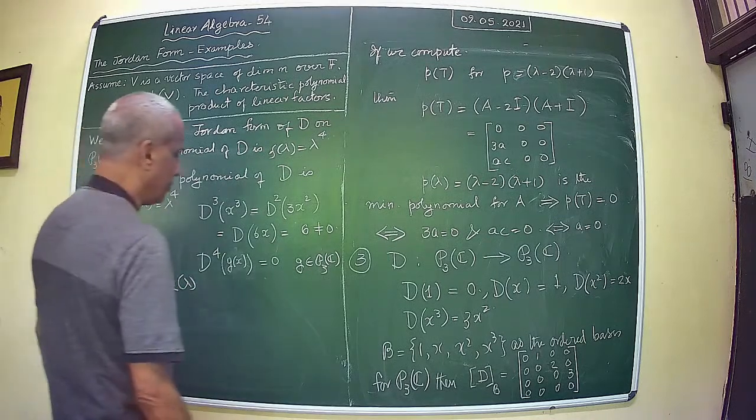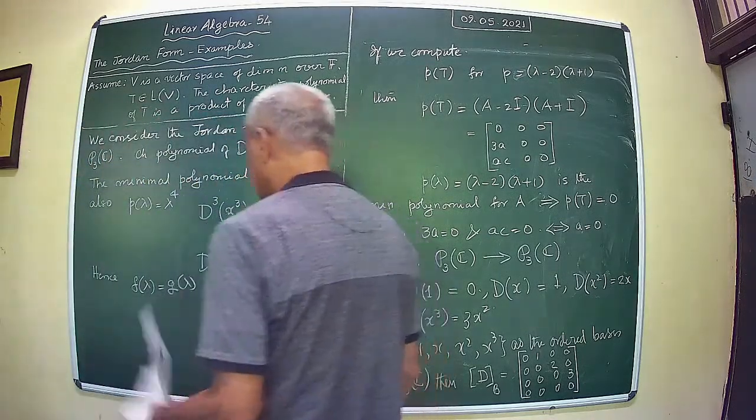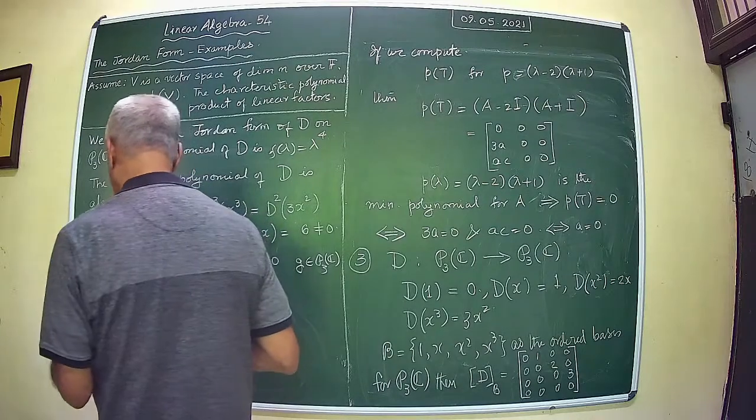Therefore for the 4 by 4 matrix, what is the corresponding minimal polynomial?